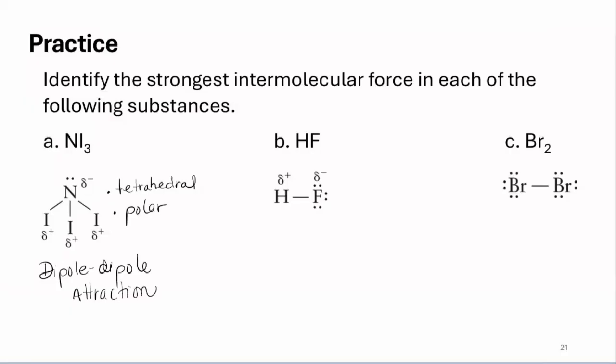HF is a linear molecule that has a polarized bond. Since the molecule is linear and has a polarized bond, this molecule is polar. With a polar molecule, you're deciding between dipole-dipole and hydrogen bonding. Since we have a hydrogen connected to fluorine, which is one of the parameters for hydrogen bonding, the strongest intermolecular force here is going to be H bonding.